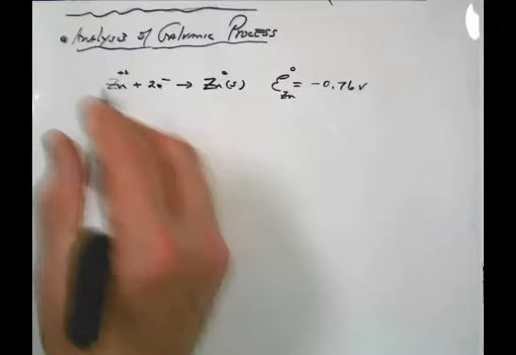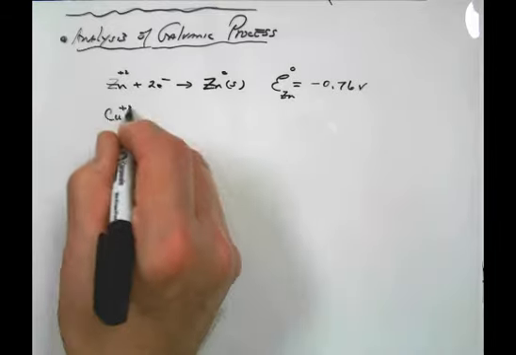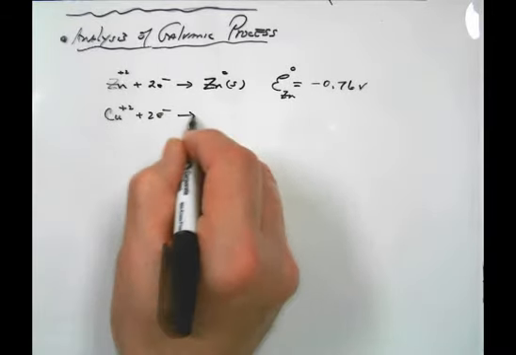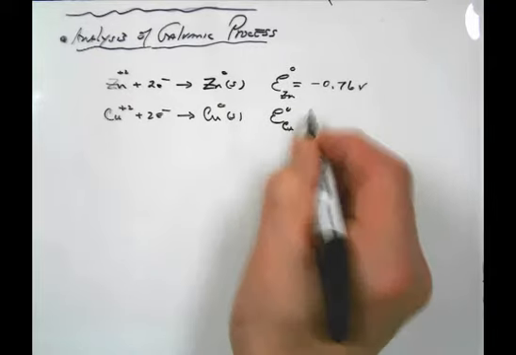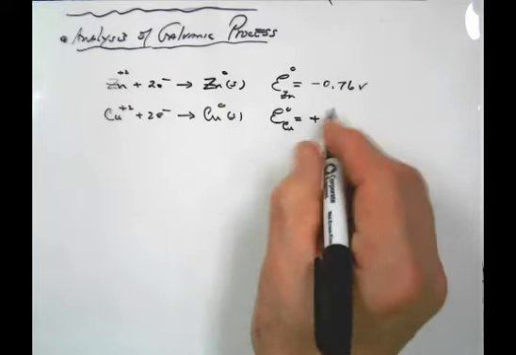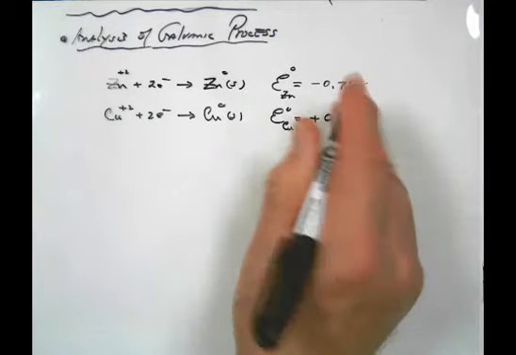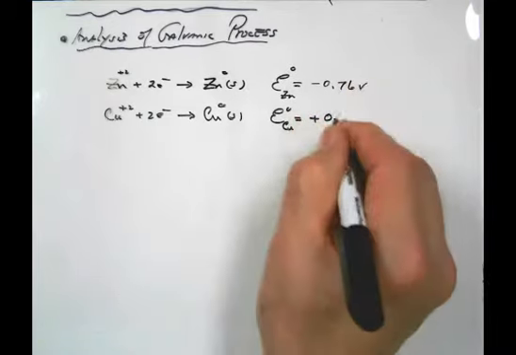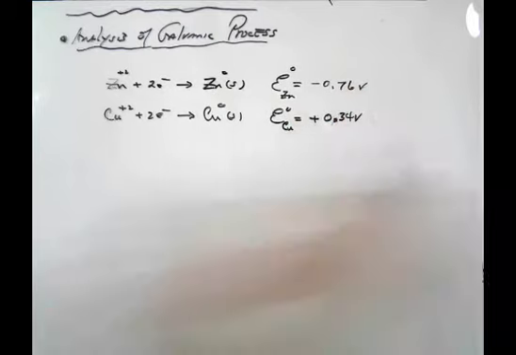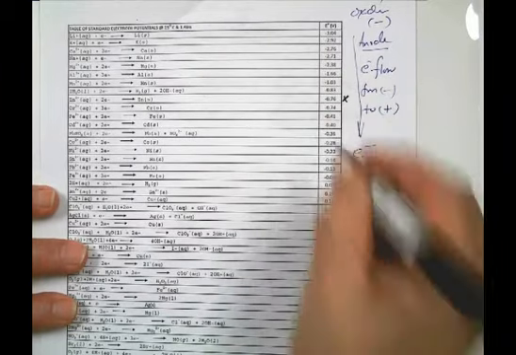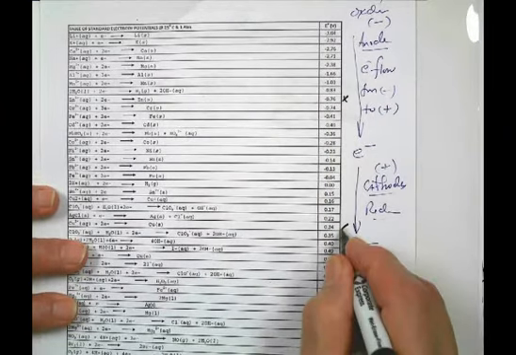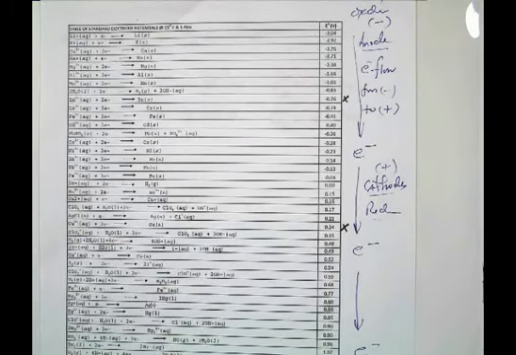So you'll find copper, and it's also written as a reduction reaction, like this. And its reduction potential for copper is a plus 0.34 volts. Okay? Now, that's written in order of what's going on. Here's my zinc right here, and here's my copper there.